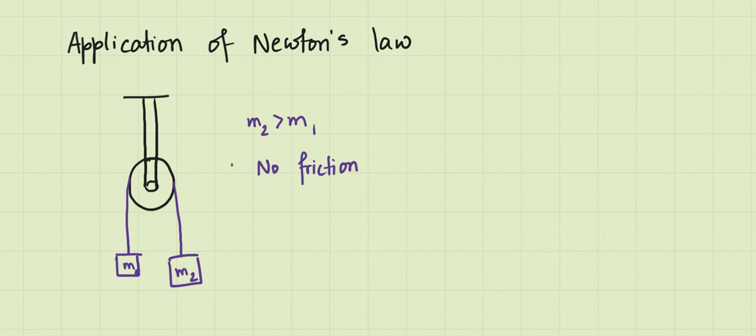So no friction, and mass 2 is greater than mass 1, so we know that mass 2 will be falling under the influence of gravity. And number 3, as usual, the circumstance we accept for the string is massless and inextensible.